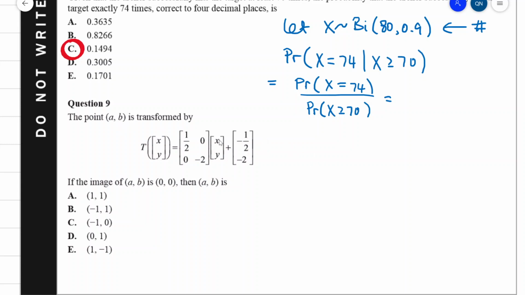So what happens if you apply this transformation to the first coordinate, which is a? Well, you're just going to imagine x = a and y = b, and you just simply read off the first line over here. So we have 1/2 times a, and then minus 1/2, and we need that image to be equal to 0. And same for the bottom line as well. We need negative 2b minus 2 equals 0, and we're just going to solve simultaneously for a and b.